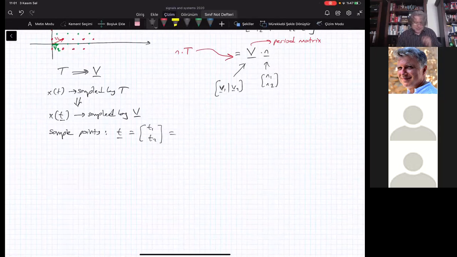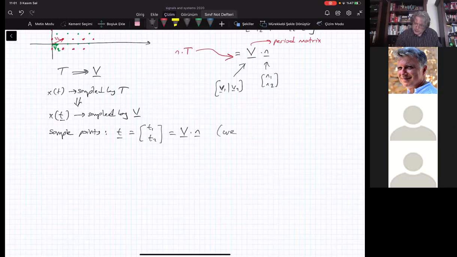Whenever T is equal to capital V times N, whenever we hit the location of the period at the point of the repetition, whenever that is the place, we sample at this point.